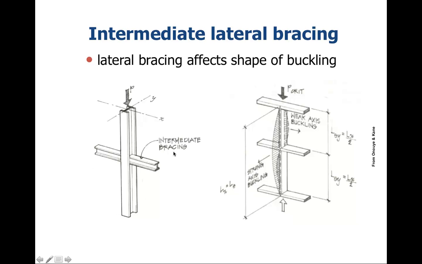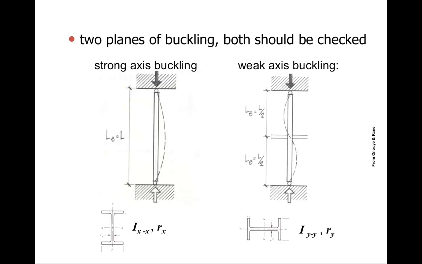If we brace it here, what we've done is basically shorten the distance where buckling can occur. So now we have this distance, but not the overall distance. Therefore we've effectively shortened the length of the column with respect to its buckling response.